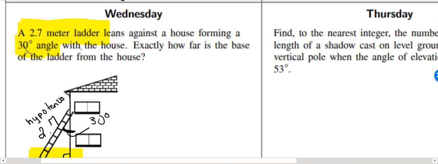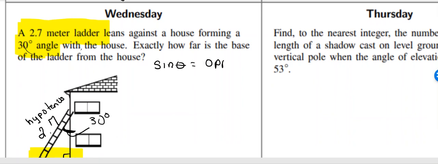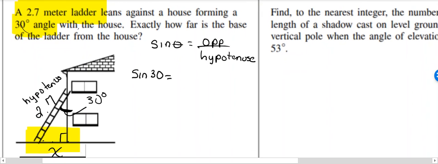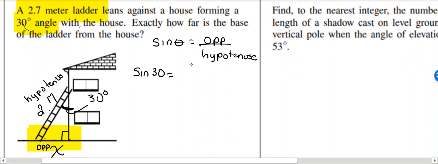Alrighty, so we know that sine theta is equal to the opposite side over the hypotenuse. In our example, theta is 30 degrees, so we have the sine of 30 degrees. The opposite side is what we're looking for, and we're going to call that x.